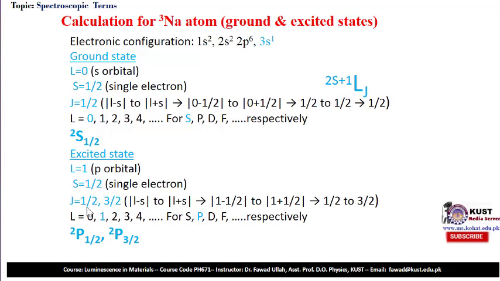Then let's calculate the total angular momentum quantum number. That value varies from L minus S to L plus S. If we put L equal to 1 and S equal to 1/2 here, we get 1/2 to 3/2. So again we are getting two values for J.